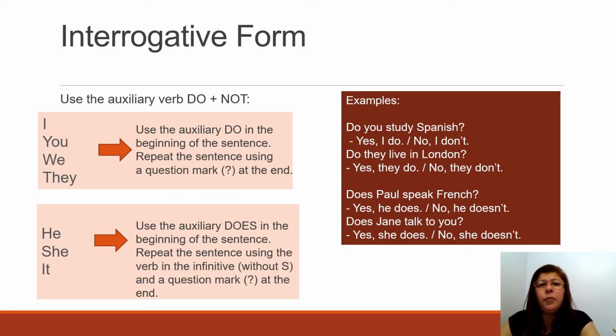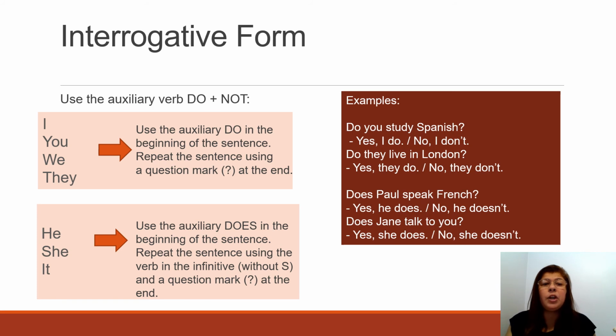Now the interrogative form. For the interrogative, it is the same as the negative. We also use the auxiliary verb do. So when we have the forms I, you, we, and they, we use the auxiliary do in the beginning of the sentence. Repeat the sentence using a question mark at the end. Okay?